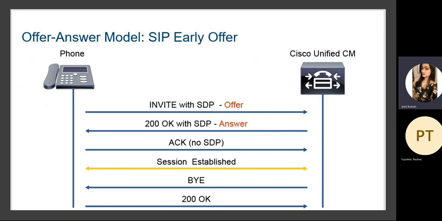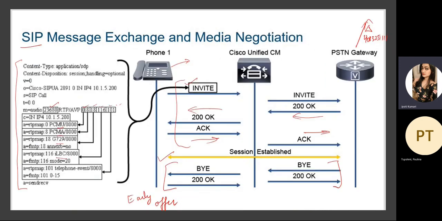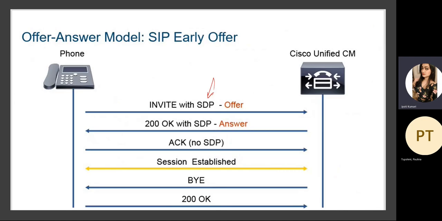So offer-answer models are of two types, SIP early offer and SIP delayed offer. SIP early offer has this set of messages: invite with SDP, as the information that we saw being exchanged in the invite message is sent via a protocol called Session Description Protocol. So in early offer, the Session Description Protocol offers the capabilities or the information about the phone that is making the session.